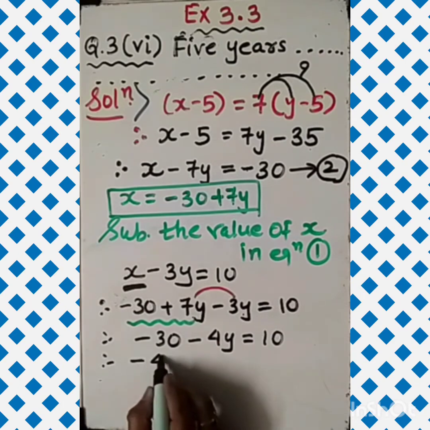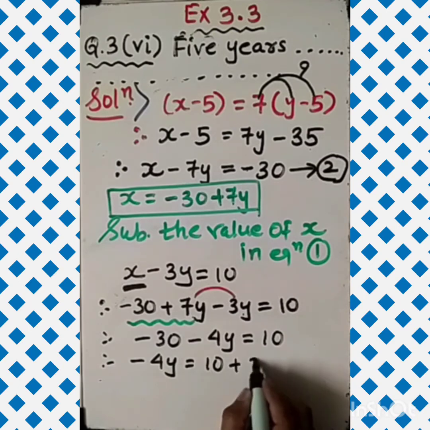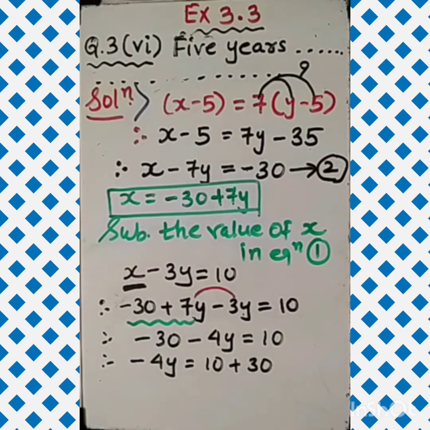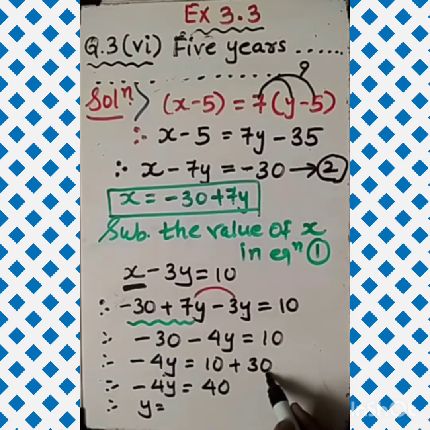So this minus 30 will move to this side and give plus 30. Therefore 10 plus 30 is 40.